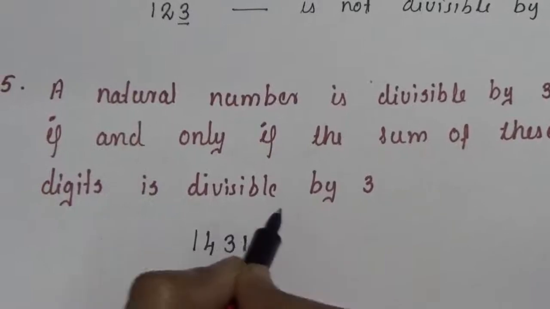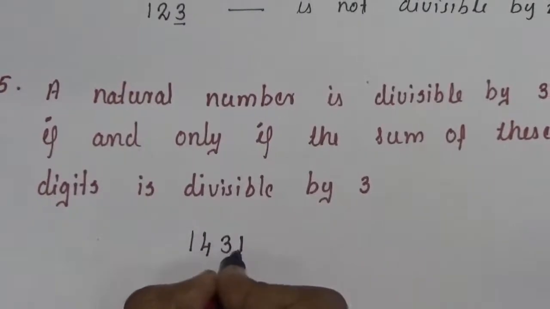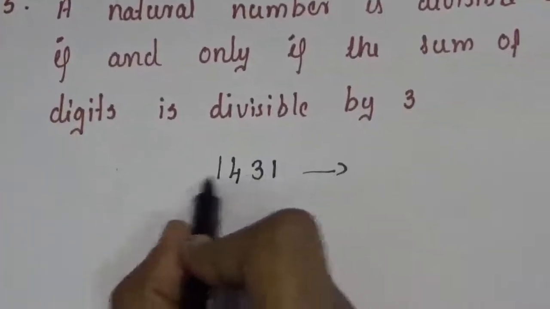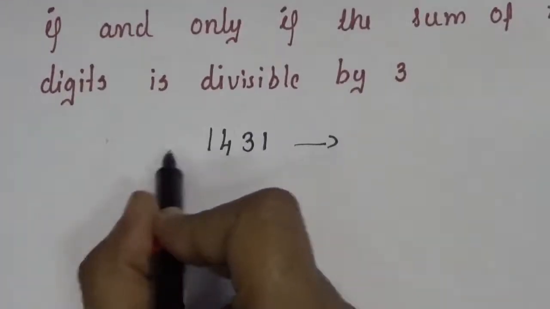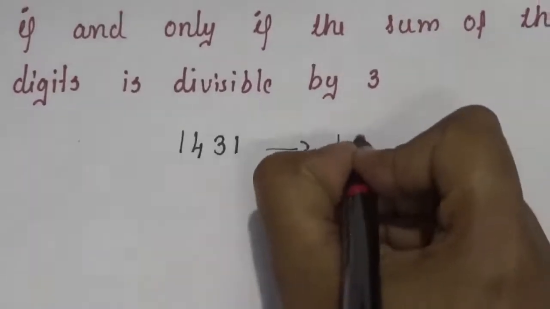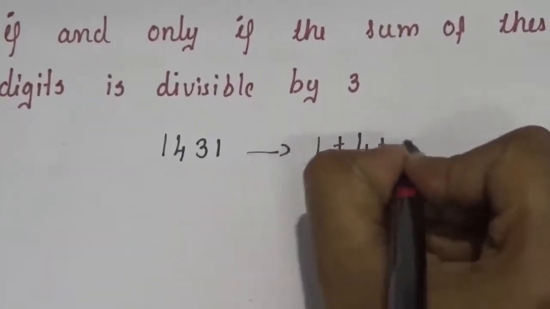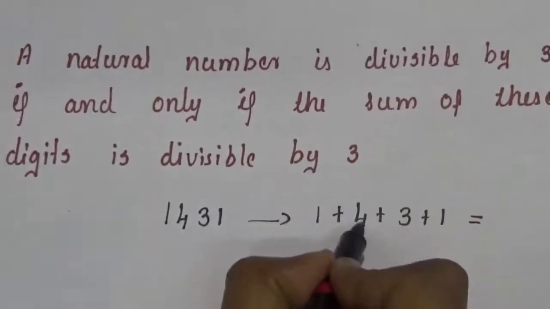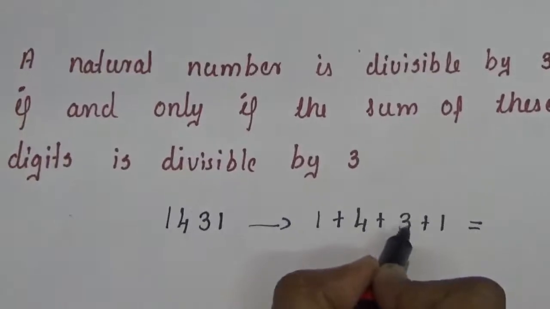How will you check the divisibility of this number? We need to check whether this number is divisible by 3. Find the sum of these digits. The digits are 1, 4, 3, 1. Add these 4 digits. 1 plus 4 is 5. 5 plus 3 is 8. 8 plus 1 is 9.